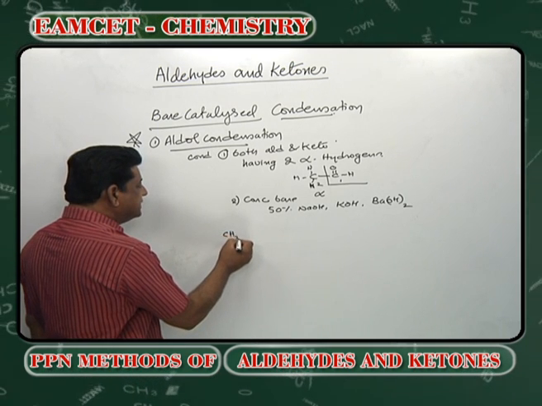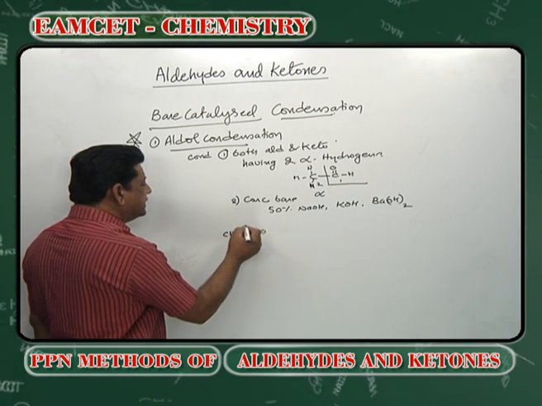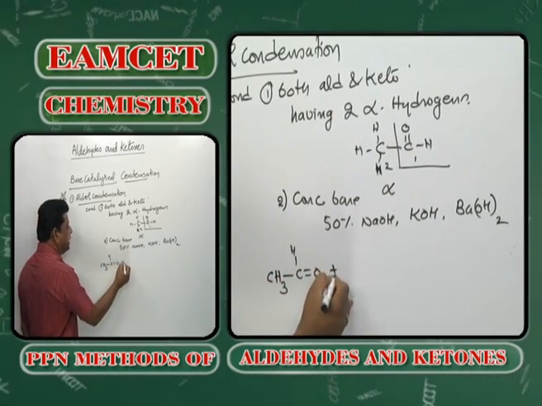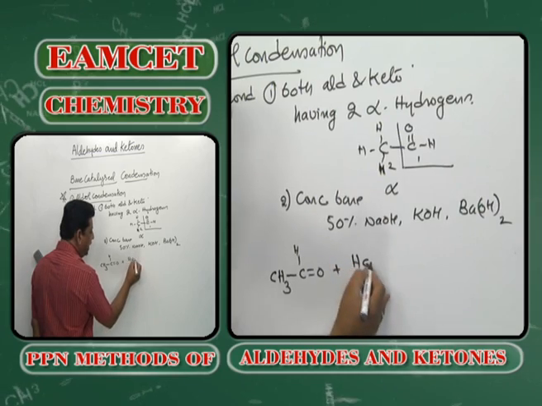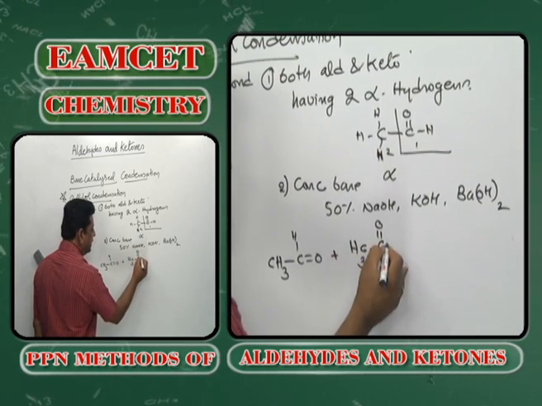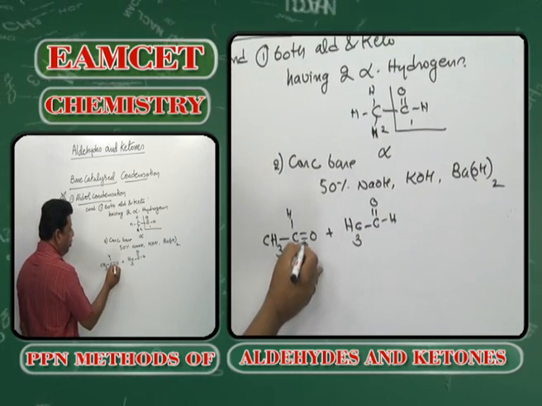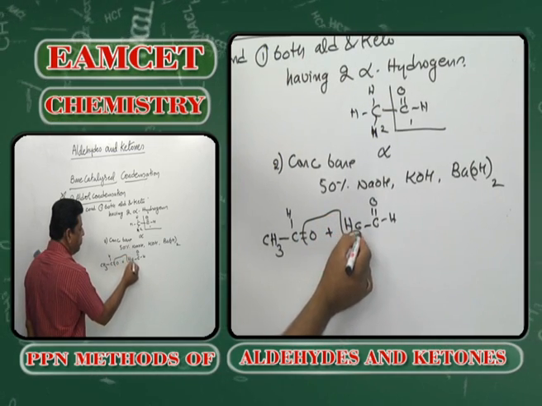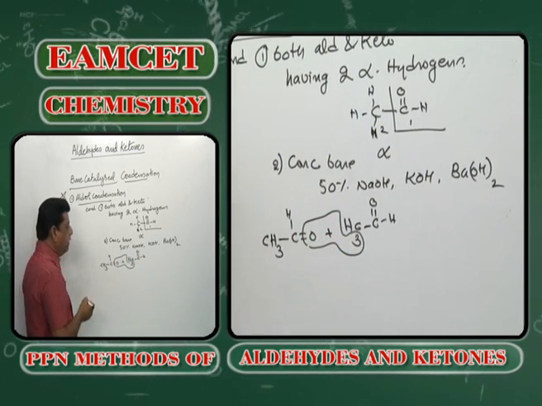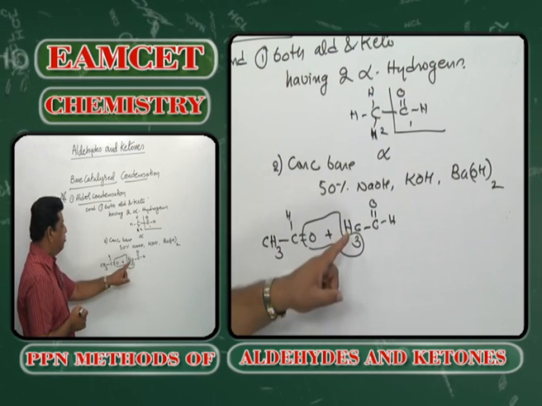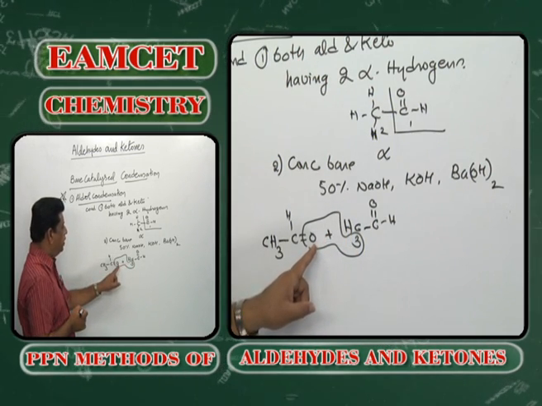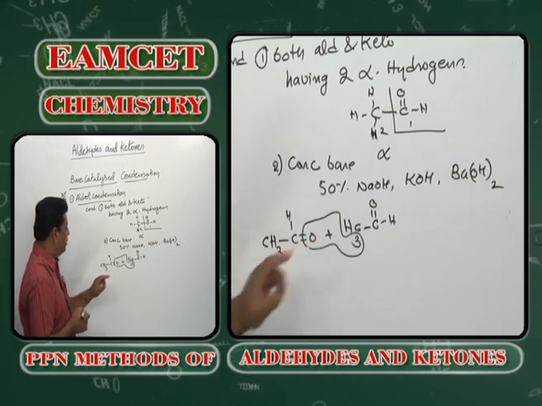CH3 C double bond OH, isn't it? This compound reacts with another acetaldehyde containing 3 alpha hydrogens. How does the reaction take place? This O and 2 hydrogens from here are removed as water. I am removing 3, so 2 are removed, still 1 is there. So 2 hydrogens will be removed to get water, still 1 hydrogen will be there.